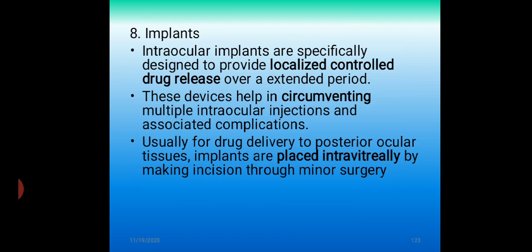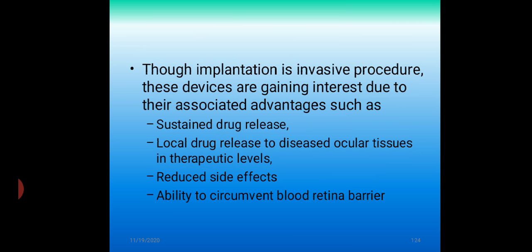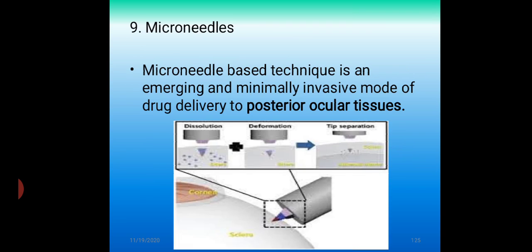They are placed intravitreally by making an incision through minor surgery. So this offers sustained release, local drug release, reduced side effects, and the ability to circumvent the blood retinal barriers. It also helps in higher permeation of the retina.